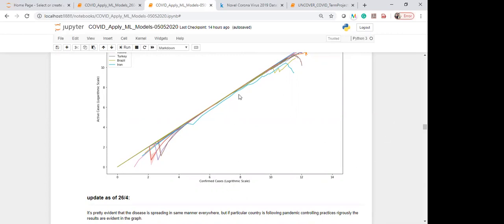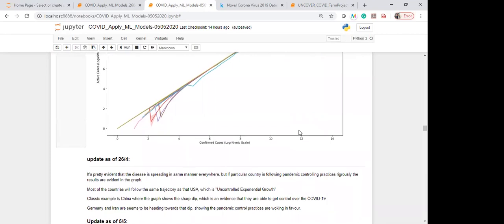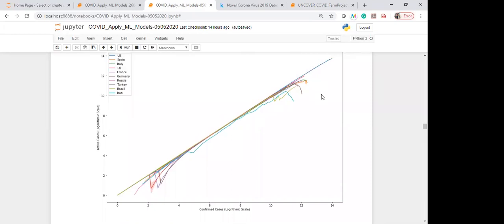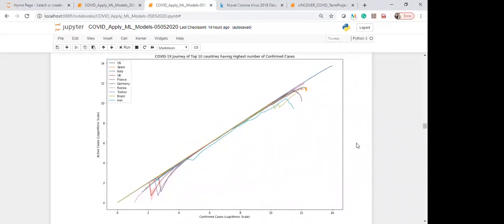But if a particular country is following pandemic controlling practices rigorously, the results are evident in the graph. Like here, China, Germany and Iran have these numbers going down, which is good, except the US is still going up.